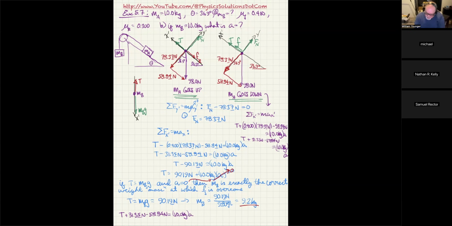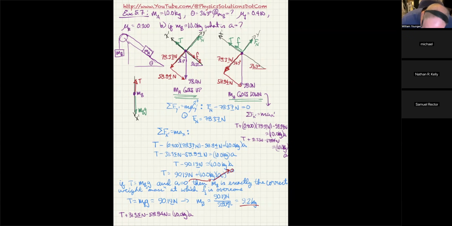So doing this again, in this case, what we need is T plus F to just be small enough where the force of the 58.84 is equal to it. And that would cause an acceleration equal to zero. And therefore, we could set that equal to the tension on the other side, and that would give us our smallest mass. So just like I did before, I'm going to assume a is equal to zero.